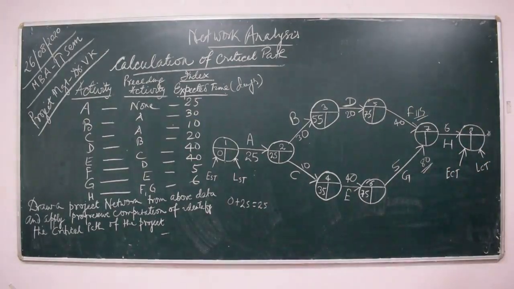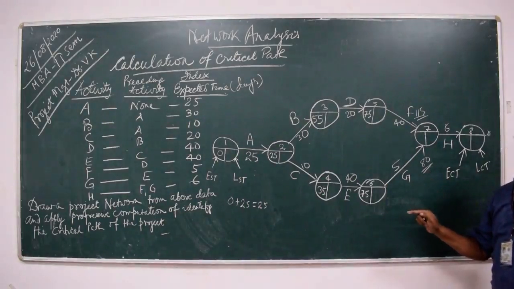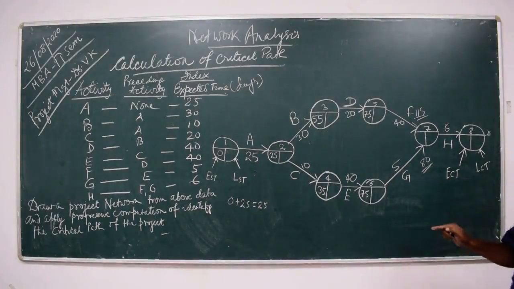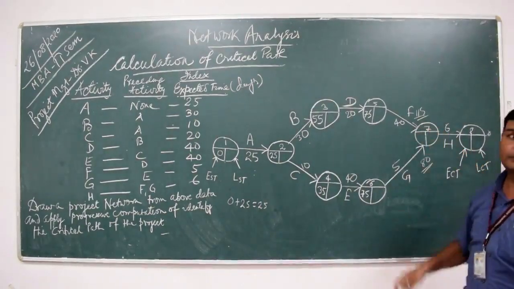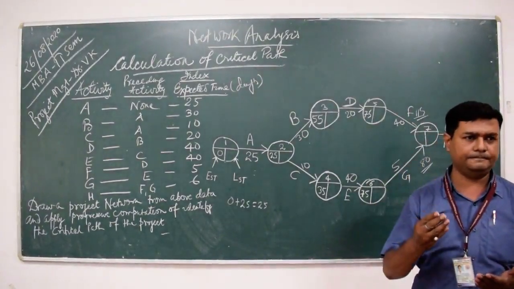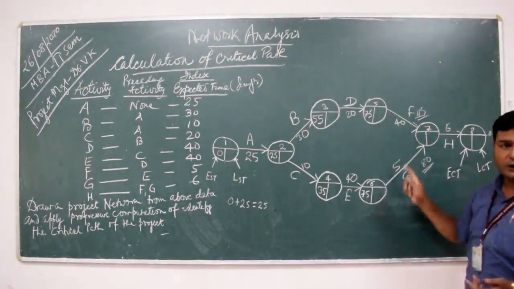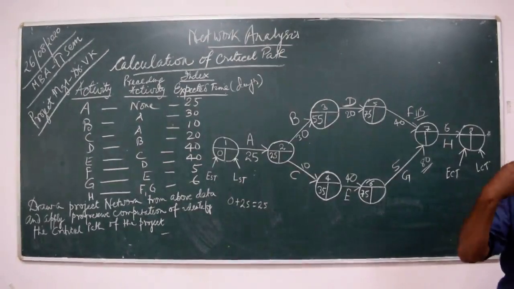Always remember, while calculating progressive computation for identifying the critical path, if we come to an event which is preceded by more than one activity, then we have to check all the options and go for the higher value.